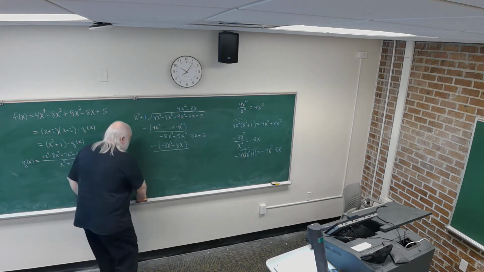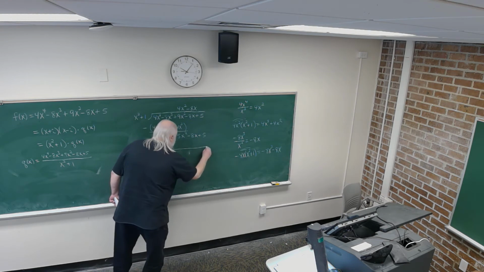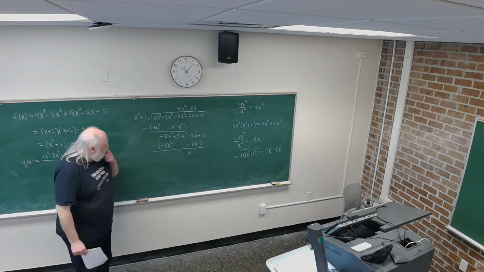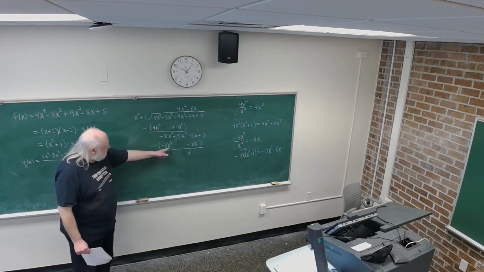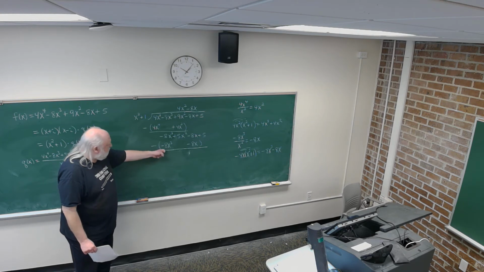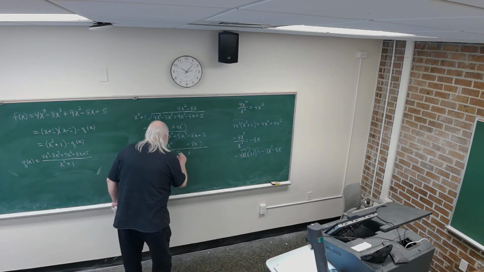Oops, I should have written that over here. Sorry, guys. Wrong column. There's no x squared term. So minus 8x cubed minus 8x, we're subtracting that from up above. So minus 8x cubed plus 8x cubed is 0. Then we have 5x squared minus 0, which is 5x squared.